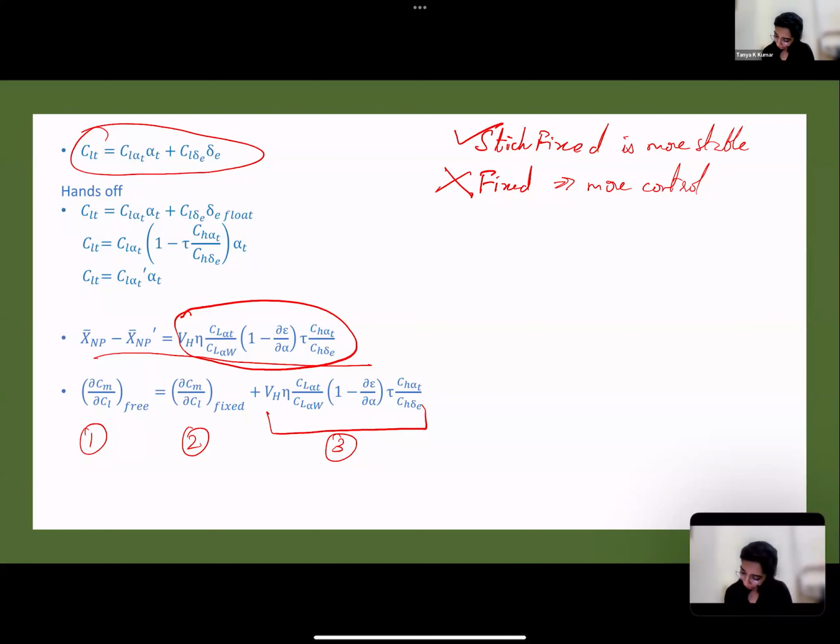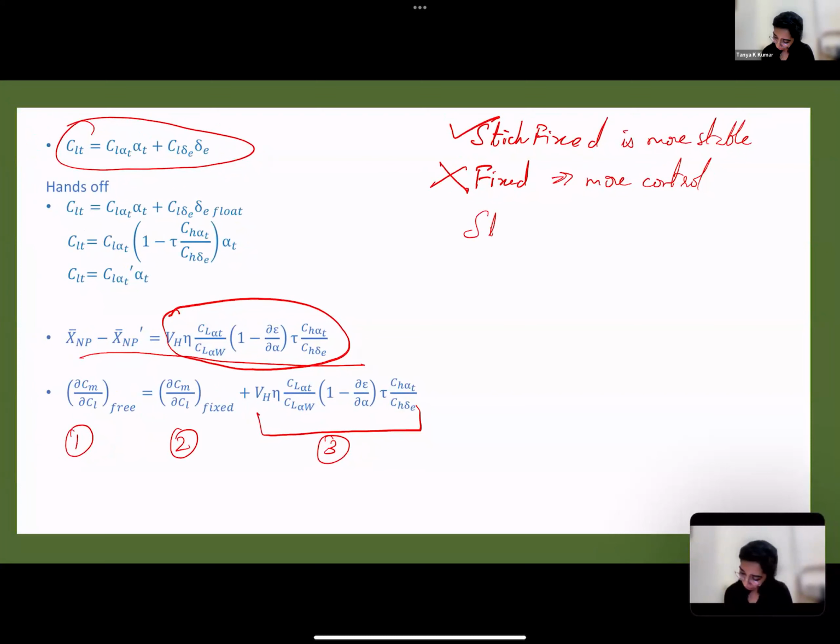So for a stable aircraft, your DCM by DCL, should it be positive or negative? Negative, yes. So more negative, more stable.